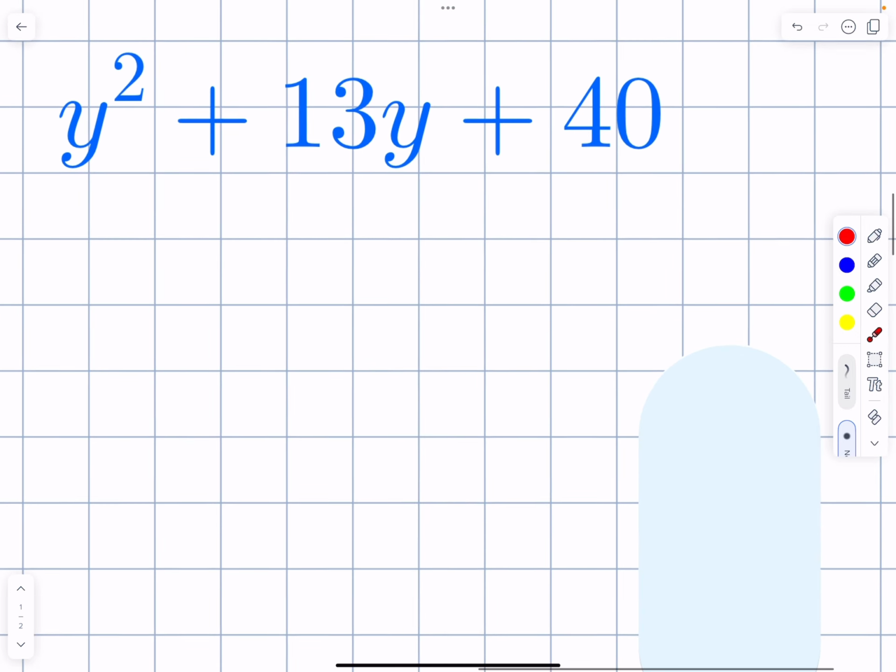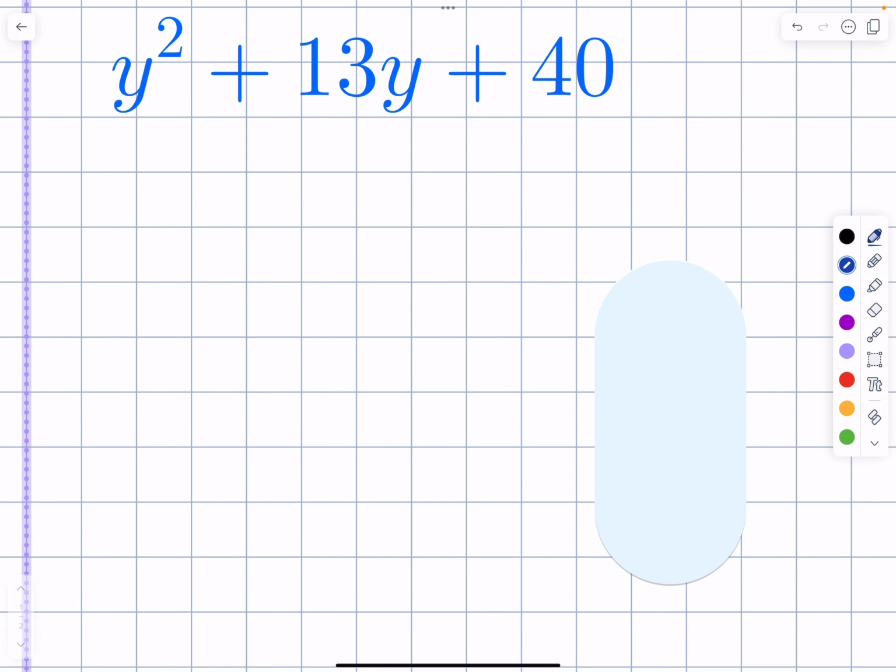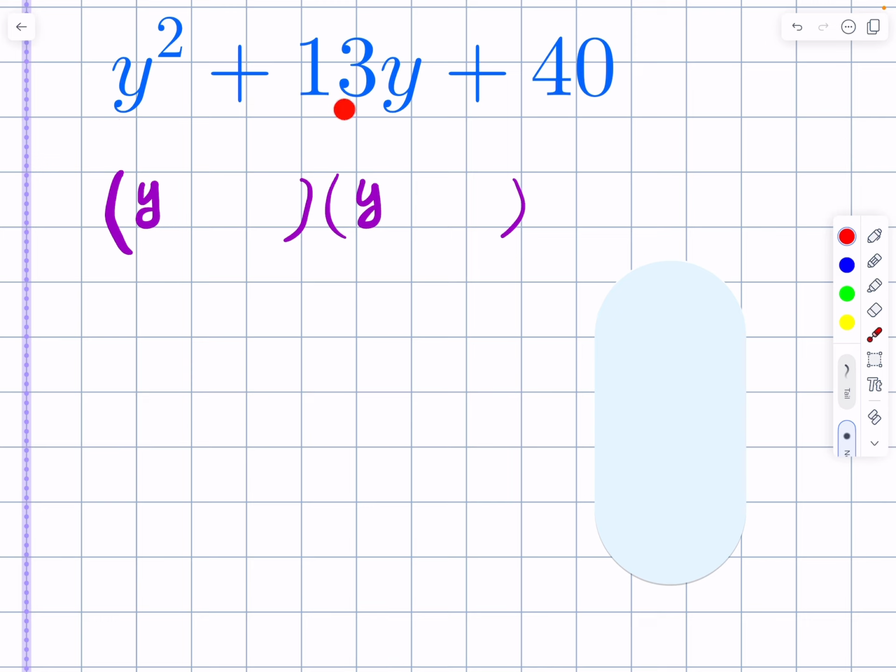Now, moving on to this example. Here, again, we open two brackets, and we have y and y, because y times y will be y squared. Again, we need two numbers that sum to 13, but when we multiply them, they will be 40.